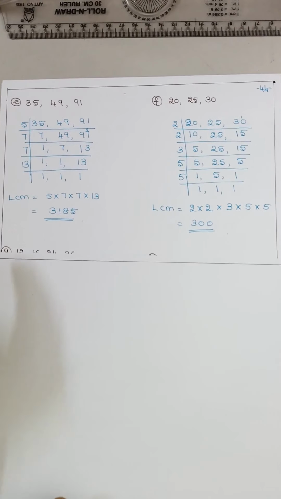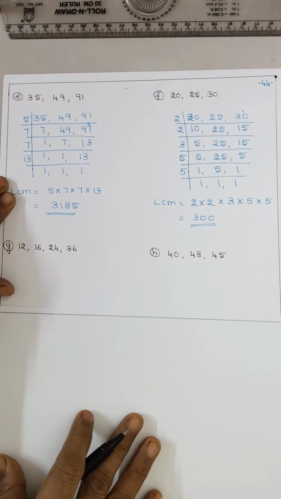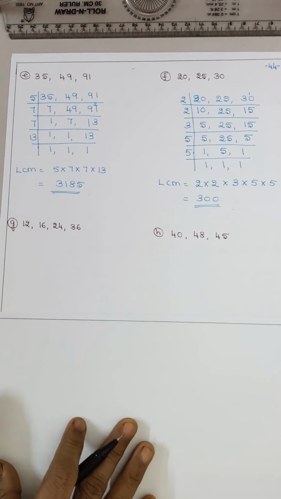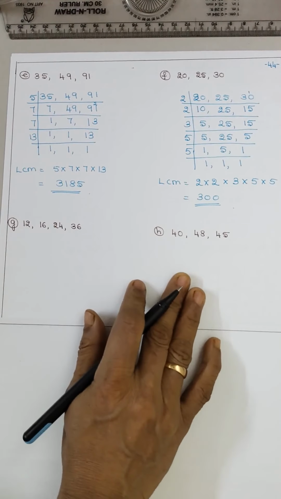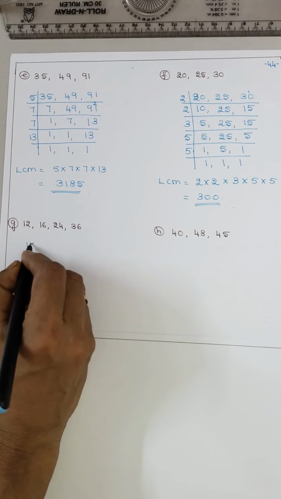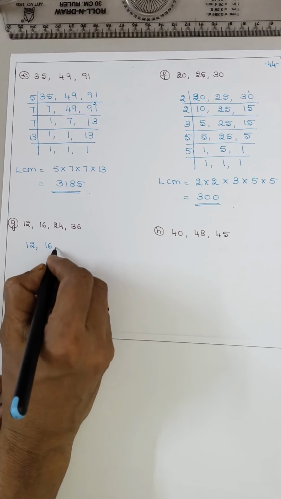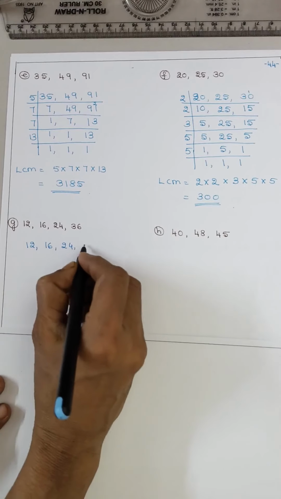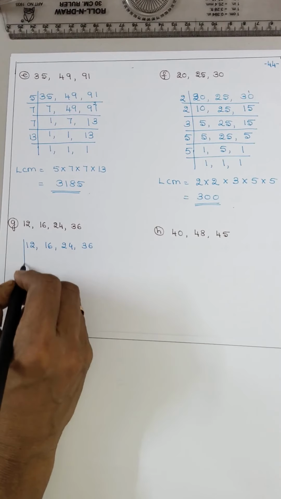Okay. Now coming to the last two sums of this method. Hope you are gaining confidence. Chalo. 12, 16, 24, 36. All are even.